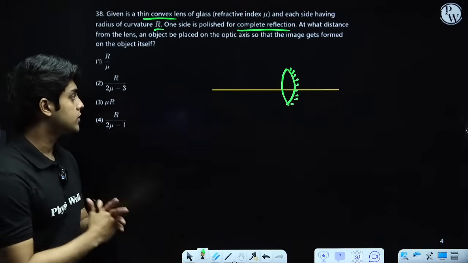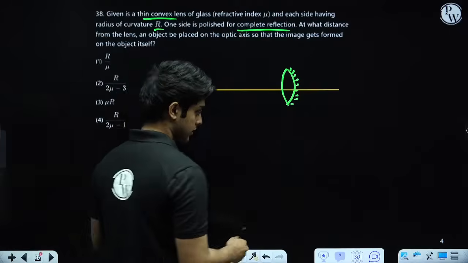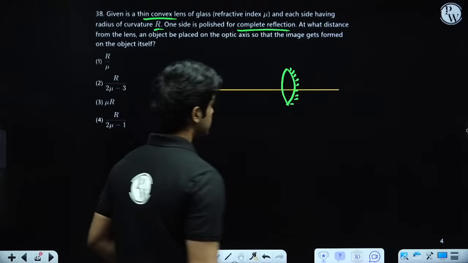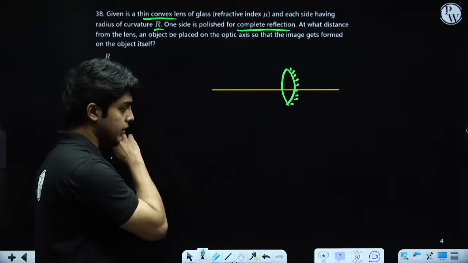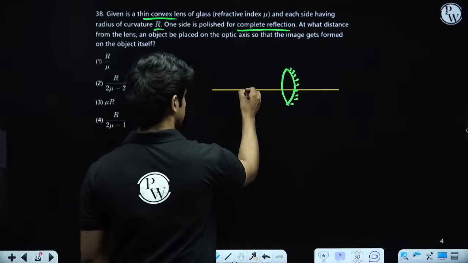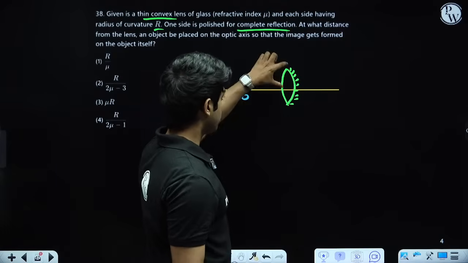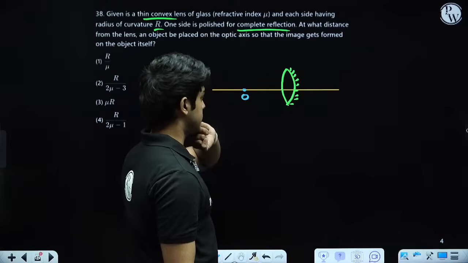Now there are two ways to do this. One way is you can write down the equivalent focal length using that power formula, or you can just use mirror formula and lens formula. The thing you need to understand is, let's say the object is here, first the object will be processed by the biconvex lens, right?